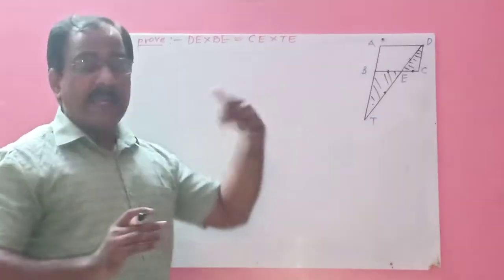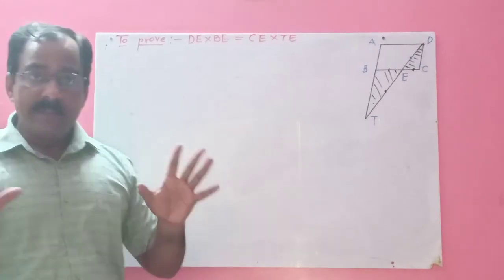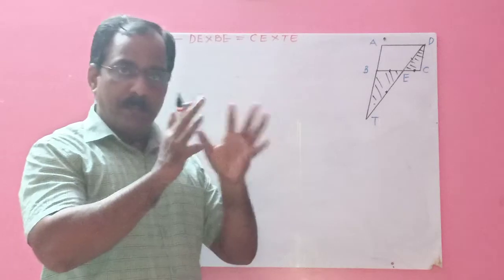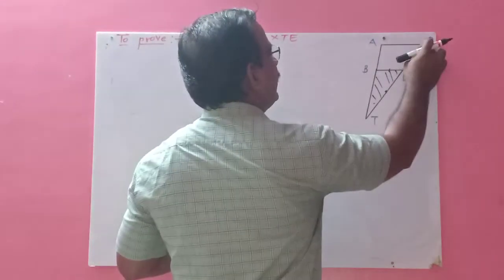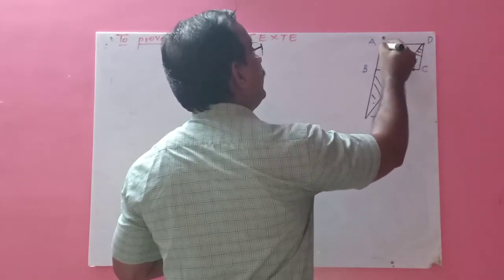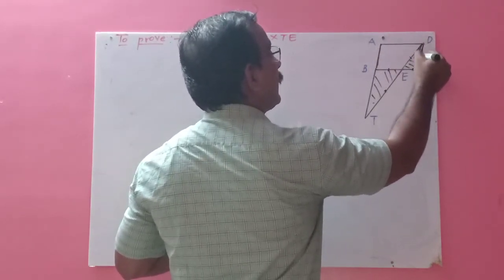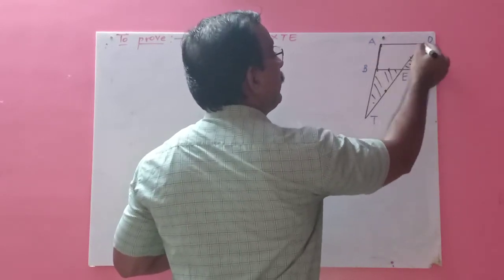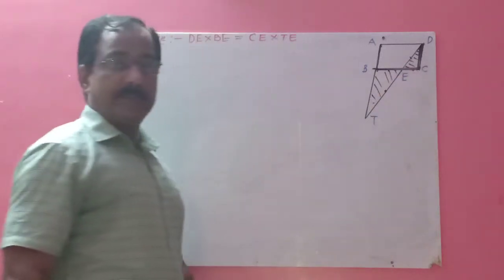See, then why have they given a parallelogram, right? 100% there is some relation because of the parallelogram. If I say ABCD is a parallelogram, then what about these lines? These lines are parallel. Got it, children? These lines are parallel and these two lines are parallel, then this will become a transversal.